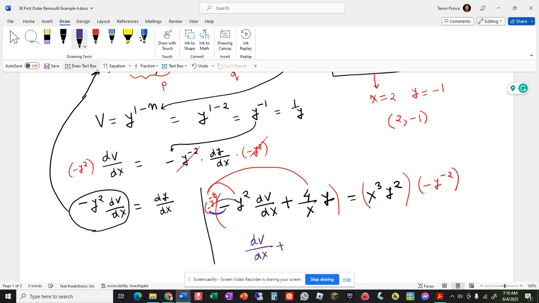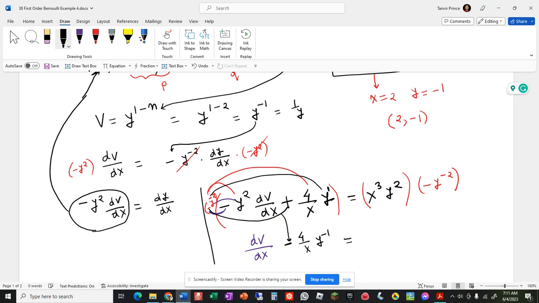Plus, actually negative, because negative times positive is negative. So I should have a negative here. And then I have a 4 over x. Then y to the power negative 2 and y to the power 1 is just y to the power negative 1, since you add the exponents when you multiply.